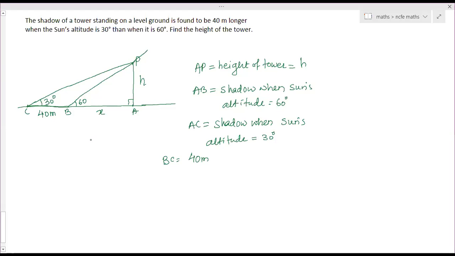We have to use... Ma'am, I'm not sure. Should we use tan? Like for trigonometry, tan ratios, tan 60 and tan 30. Santosh, wait, I'm asking Meghna. If you know, solve and tell me the answer. Yes, Meghna? I'm not sure.